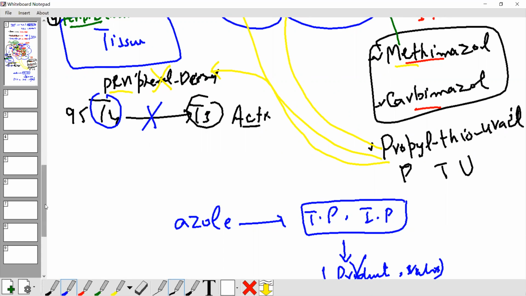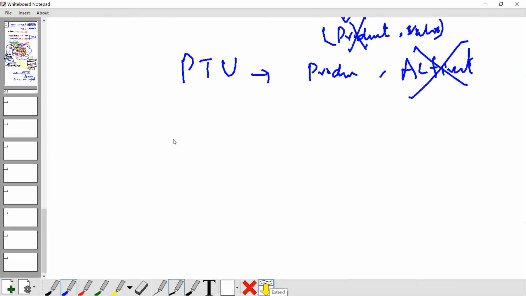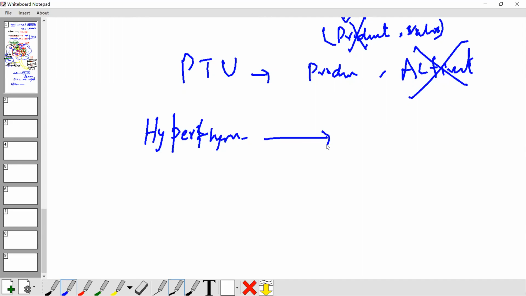For example, if one patient comes to you having just hyperthyroidism, I can use the azoles, methimazole and carbimazole.